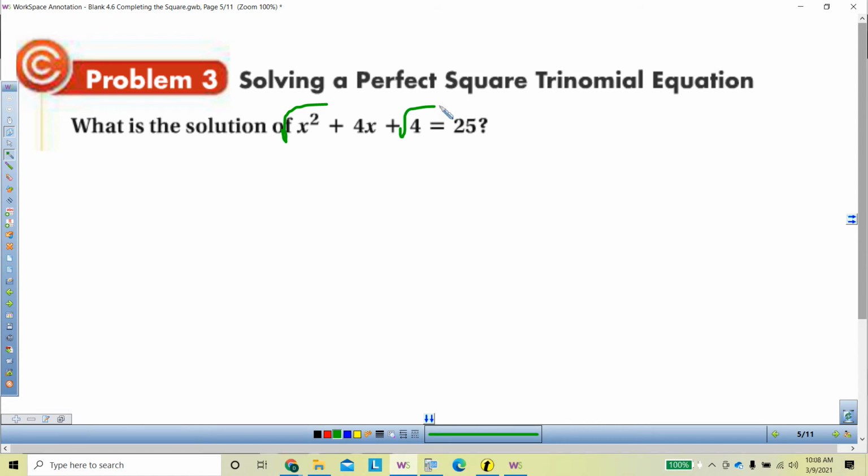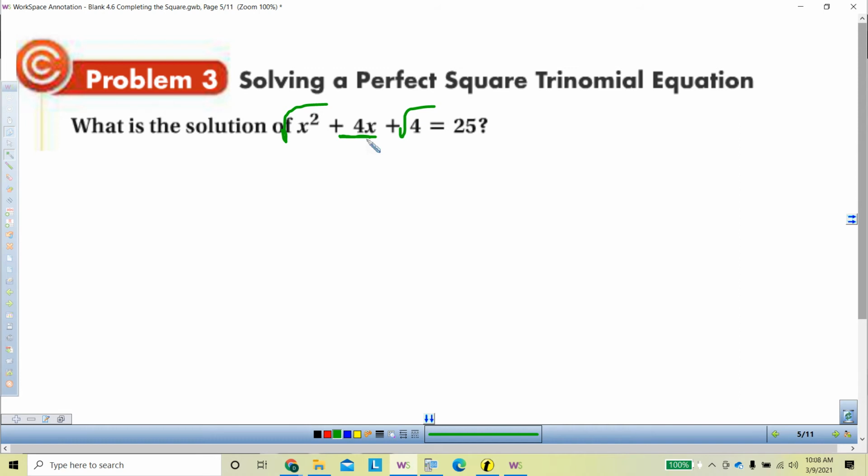So the square root of 4 is 2. What's 2 plus 2? 4, right? When I take the square root of the c term and add it up, I get the b term. When you square root c, you add it twice and you get b.